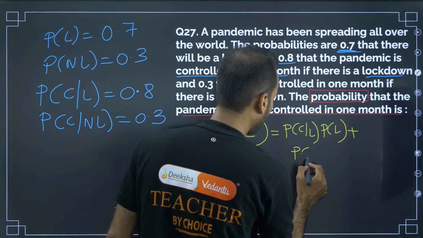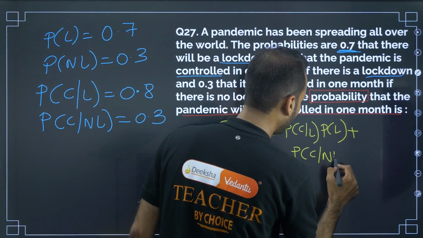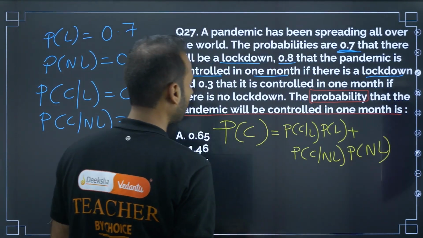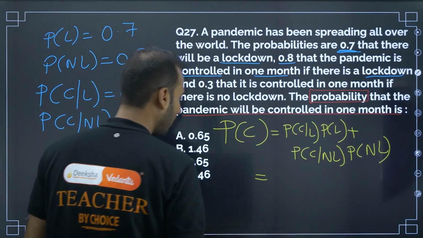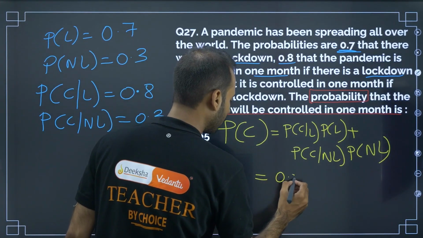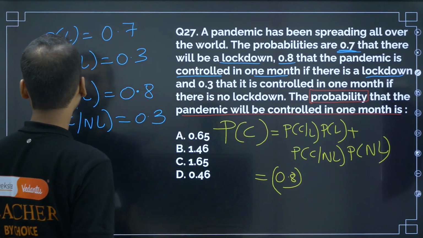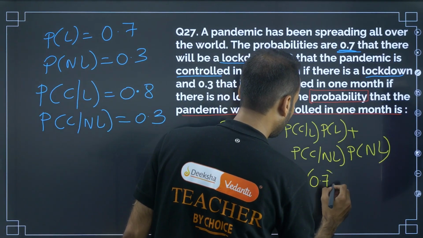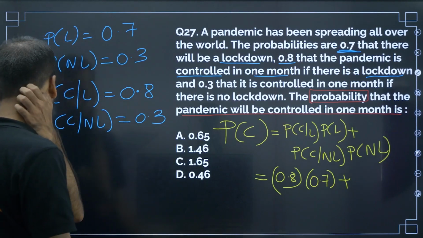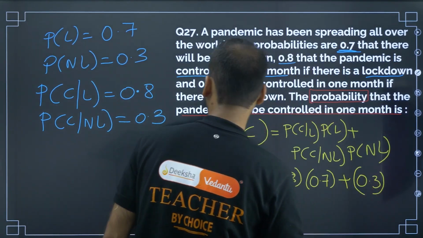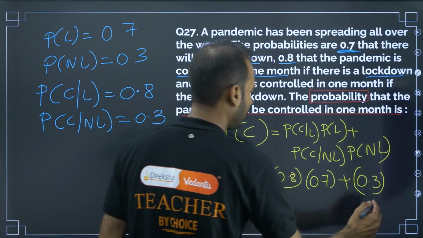P of C given L is 0.8, lockdown 0.7, P of C given NL is 0.3, and NL 0.3.